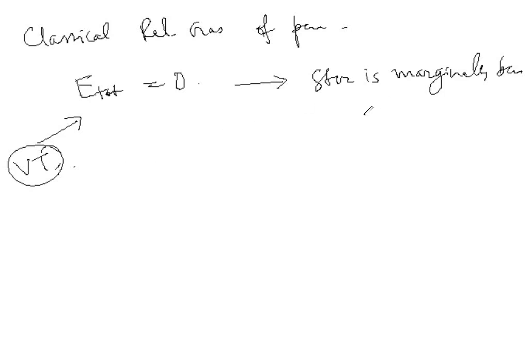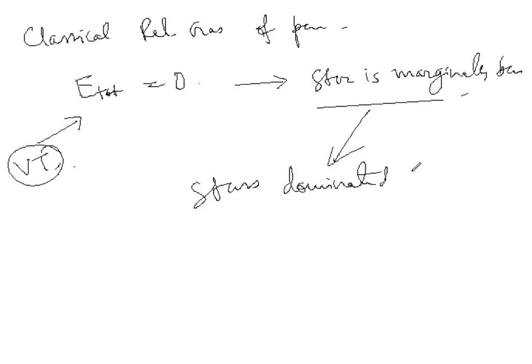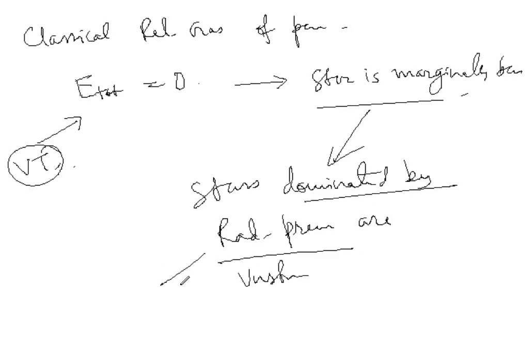This is the reason, you see, this marginal bound, this is the reason we can say that stars dominated by radiation pressure are unstable. Why? Dominated by radiation pressure means there will be more and more photons which are energetic in the star, and photons are a relativistic system.